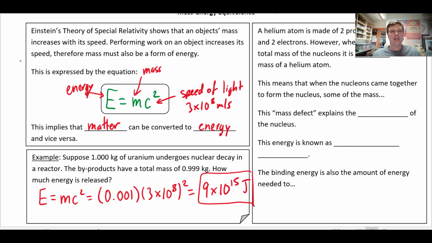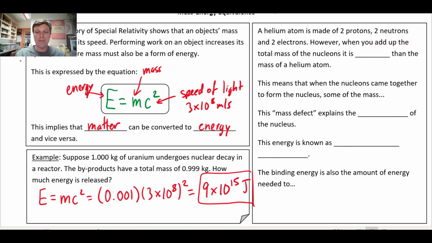What you would notice, though, is if you were to weigh all of the ingredients, all of the protons and neutrons and electrons before you make the atom, and then you weigh them afterwards, when you add them all up, the total mass of the original ingredients would be more than the mass of the final helium atom. Well, what happens there? Well, when all those ingredients come together, some of the mass is converted into energy.